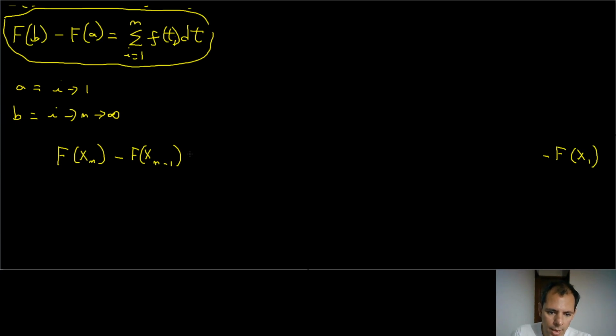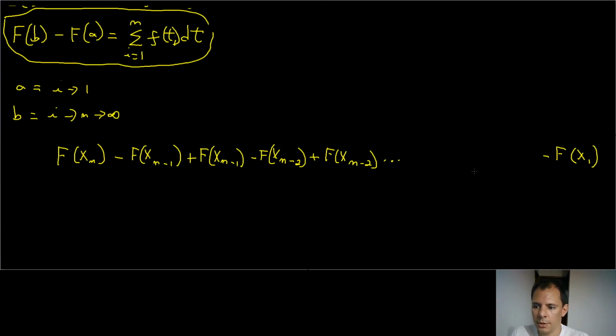So you add in f of x sub n minus 1, and then you keep doing that. For example, minus f of x sub n minus 2 plus f of x sub n minus 2, and then I'll put ellipses here.